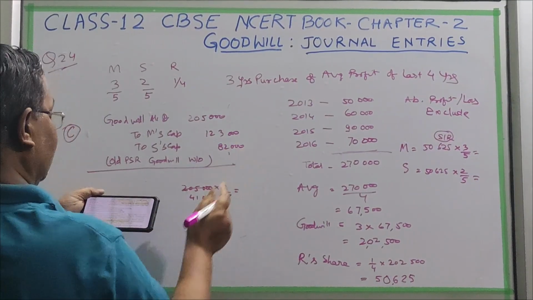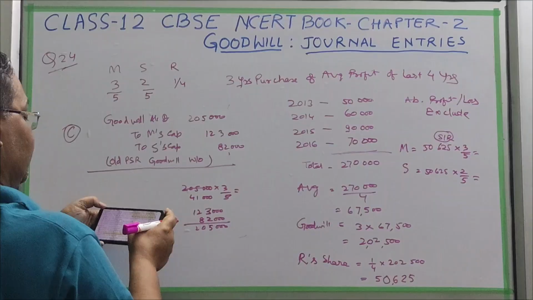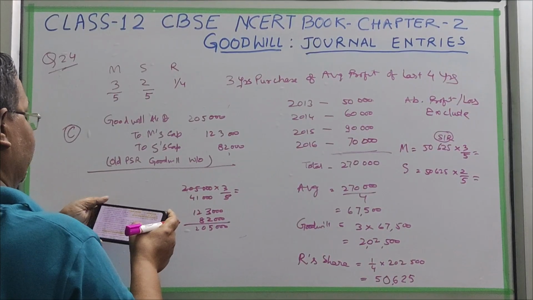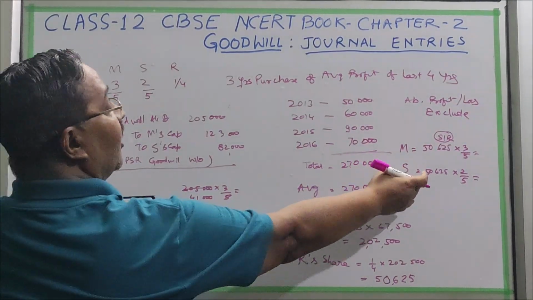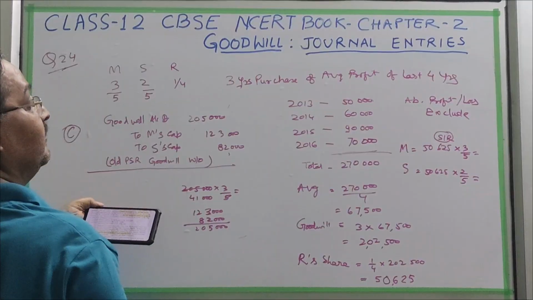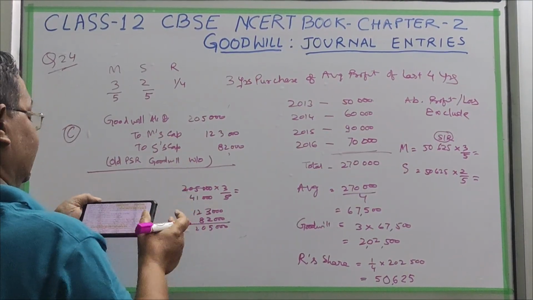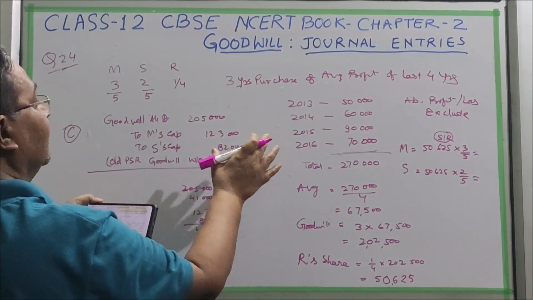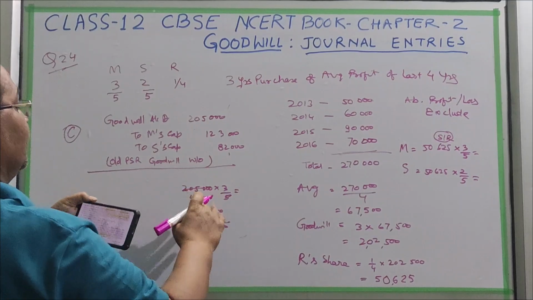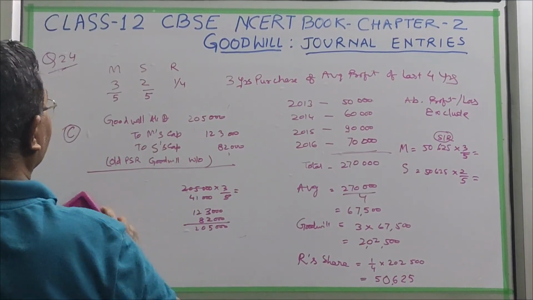So this is existing. Ramlal did not bring his share of goodwill premium in cash, so we will debit his current account and give credit to the others. So first of all, this existing goodwill you have to write off.